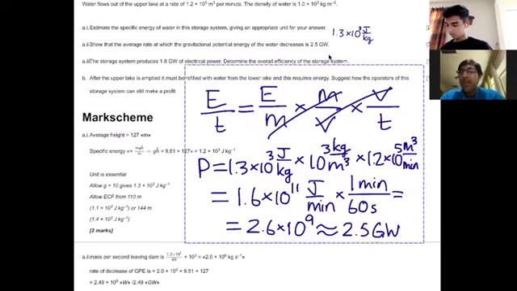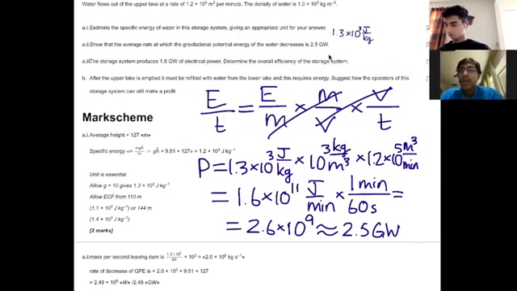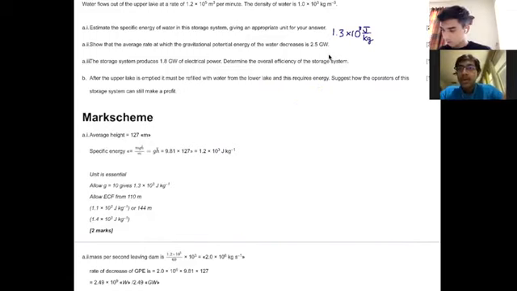Okay, I'll delete that. And then the storage system produces 1.8 gigawatts of electrical power. What's the efficiency?